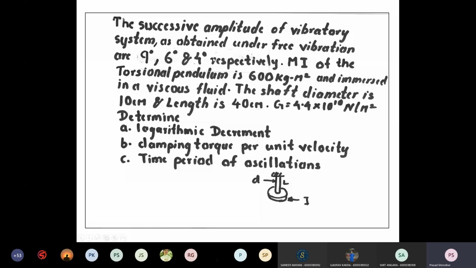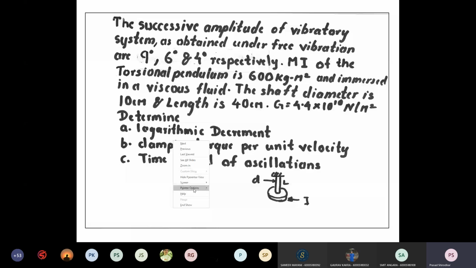I will just read the question. The successive amplitudes of a vibratory system as obtained under free vibration are 9 degrees, 6 degrees, 4 degrees respectively. The MI of the torsional pendulum is 600 kg meter square and it is immersed in a viscous fluid.